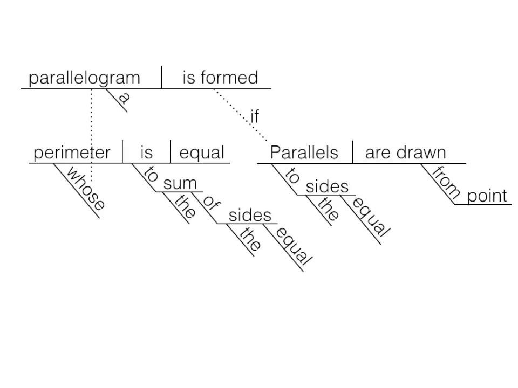So I'll read that again. On the if part, if parallels are drawn, blah, blah, blah, comma, starting at the top and then going to the part below, we have a parallelogram is formed whose perimeter is equal to the sum of the equal sides.